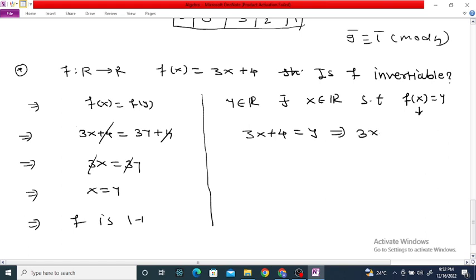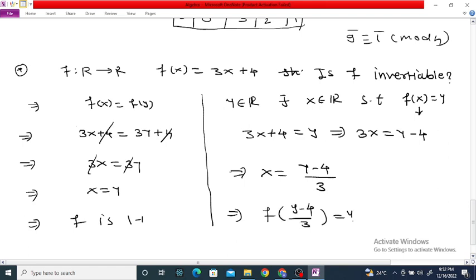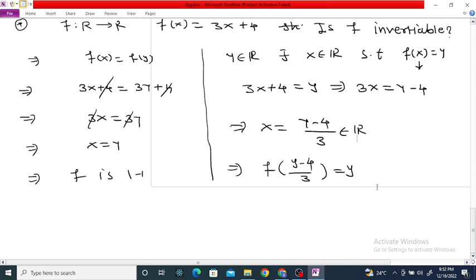This implies thrice x is equal to y minus 4, and this implies x is equal to y minus 4 divided by 3. So f of y minus 4 divided by 3 is equal to y, and this belongs to the domain set, and therefore f is onto. Here f is one-one and f is onto, and therefore f is bijective, and from this we can say that f is invertible.